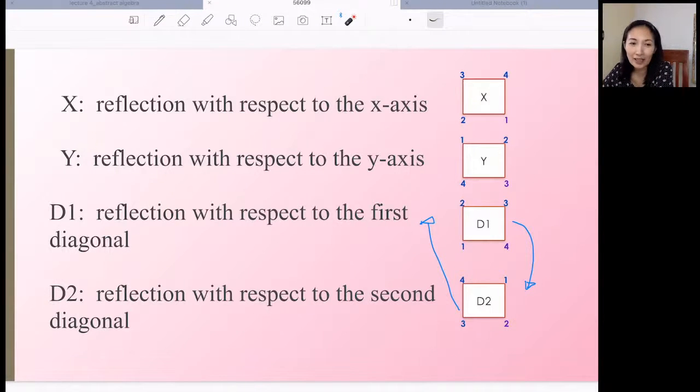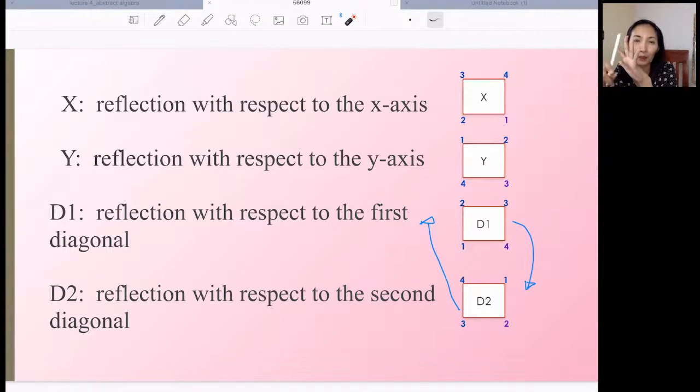Or I leave it as an assignment so we could continue by next meeting. Can we continue next meeting with the set of symmetries of a square? No one is responding. Yes, ma'am daw. Okay. Mahaba-haba pa kasi ito because we will look into all the properties. 4 properties that we are going to check.